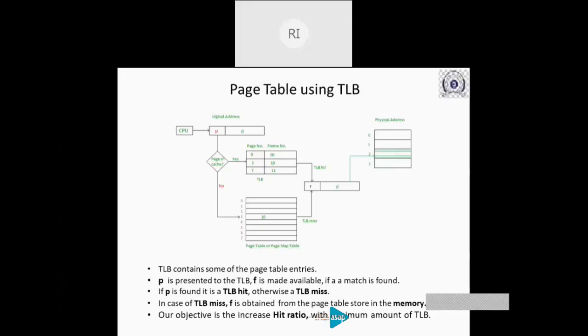Our objective is to increase the hit ratio with the minimum amount of TLB. Since we have a limited amount of TLB, our objective is to get the maximum responses from the TLB itself for the frame number. For that we use some sort of locality of reference. So nowadays we use TLB for storing the page table.